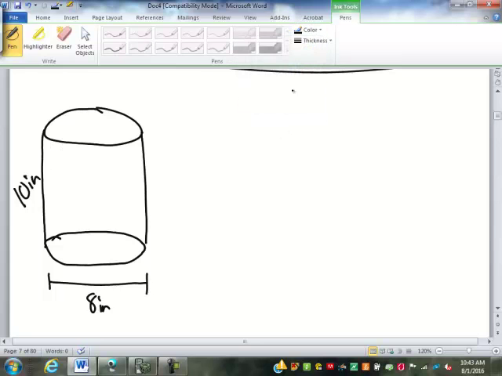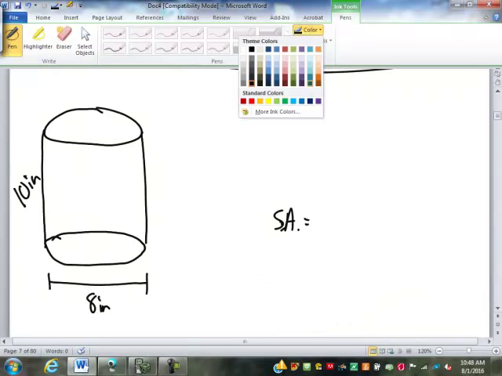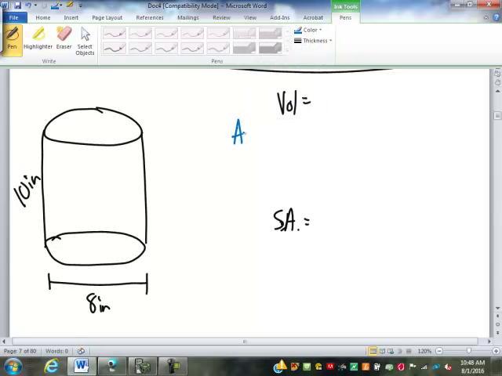You guessed it, volume and surface area. So we start out, volume. First thing we find, as always, the area of the base. Now the base of this is a circle with a diameter of 8, so it's a radius of 4.